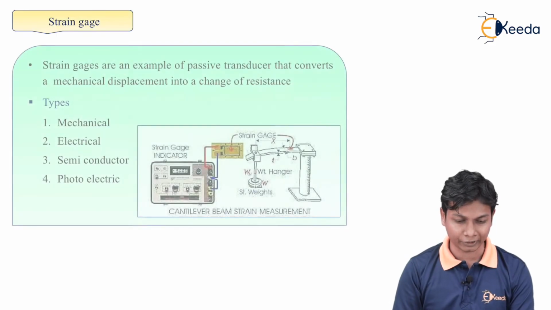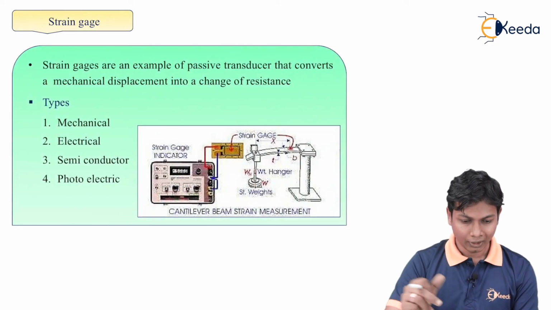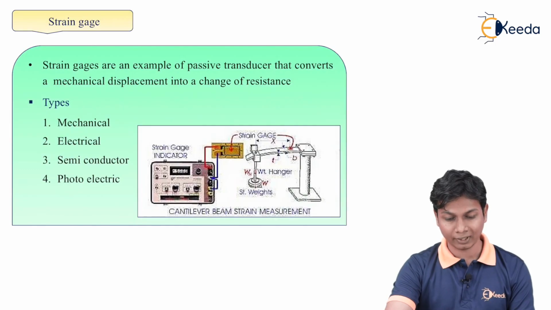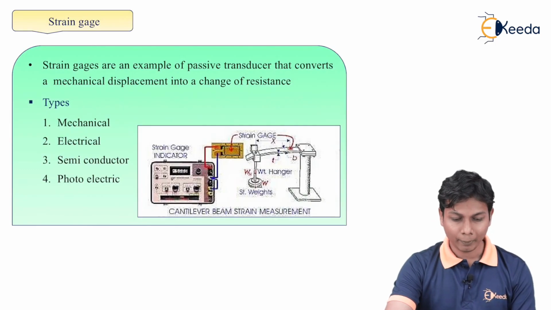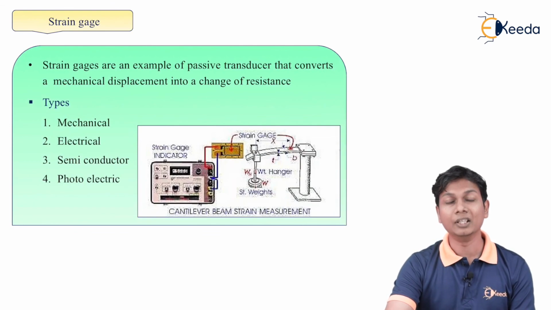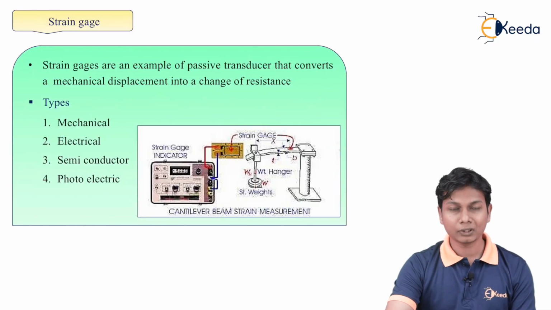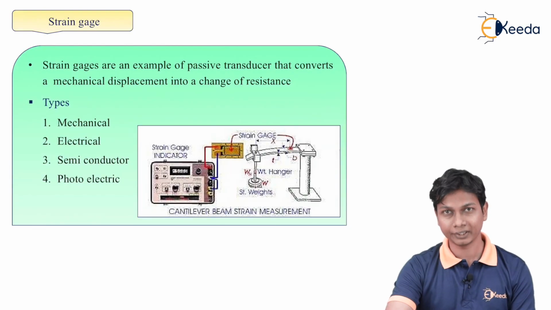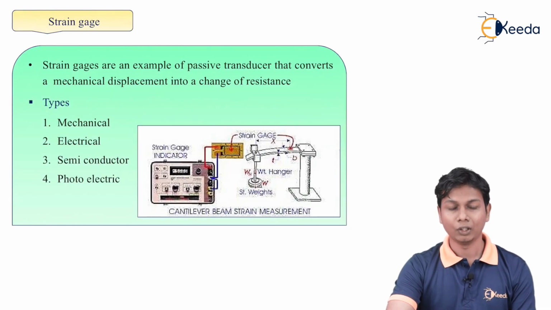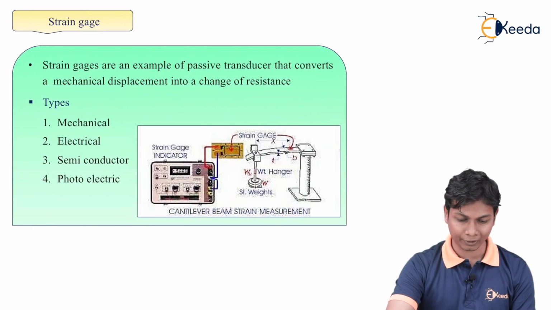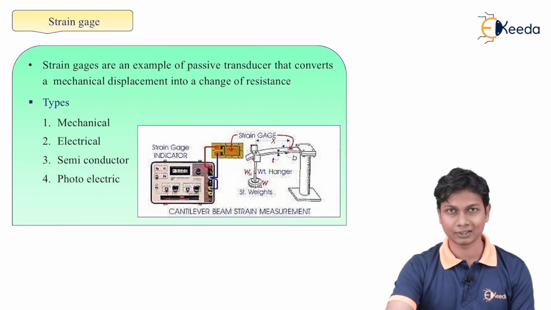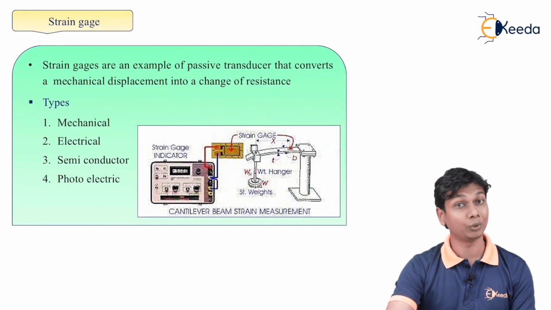Now, the strain gauge technology. A strain gauge is an example of a passive transducer that converts mechanical displacement into a change in resistance. In the earlier slide, whatever pressure was applied as force was converted into an electrical signal, and here whatever displacement happens is changed into resistance. As you know very well, the displacement can be a linear displacement or an angular displacement.